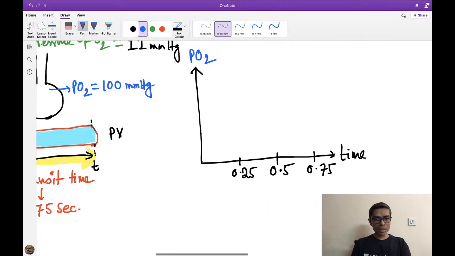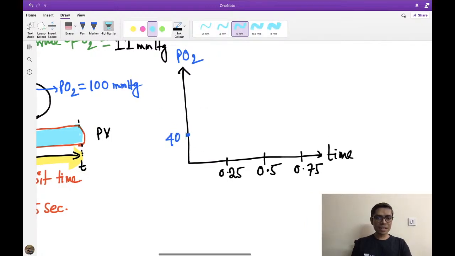So suppose this is my 40 millimeter of mercury partial pressure of oxygen, meaning the blood has just entered into the pulmonary capillary. Then whenever the blood is moving in this direction through this transit time, what is going to happen? I just understood that suddenly within this 0.25 second, the diffusion equilibrium will be reached.